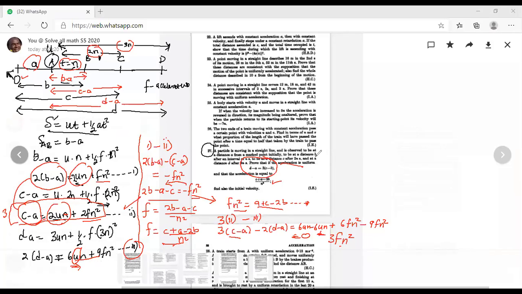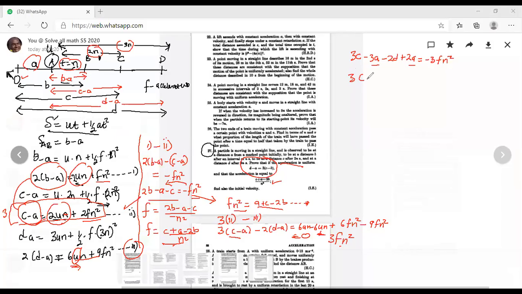So this is 3c minus 3a minus 2d plus 2a is equal to minus 3fn squared. This a and this one, you get a minus a.